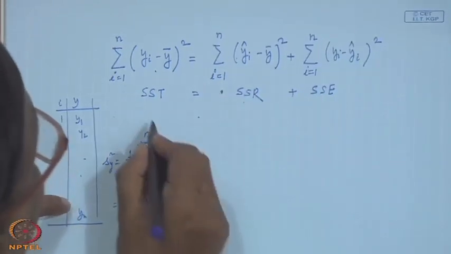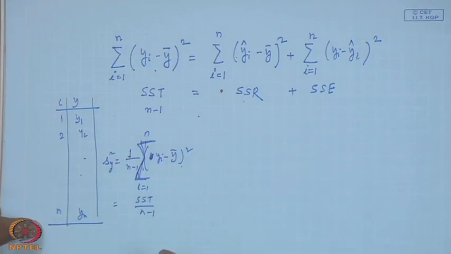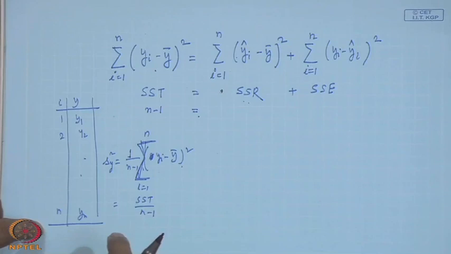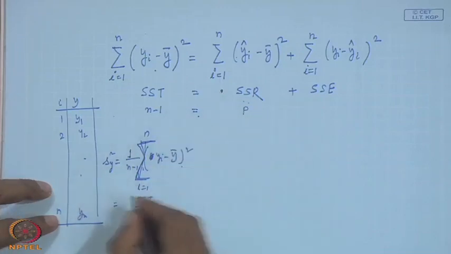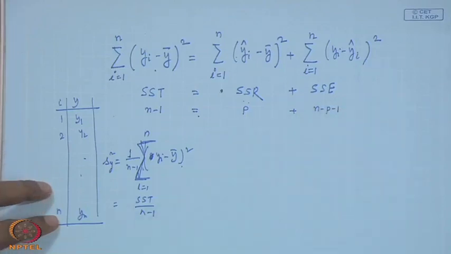Similarly, what will be your degrees of freedom here? n minus 1. What will be the degrees of freedom here? How many parameters are you estimating? p plus 1. Yes, p plus 1, so p plus 1 minus 1, that will be p. Then what will be the degrees of freedom here? n minus p minus 1.